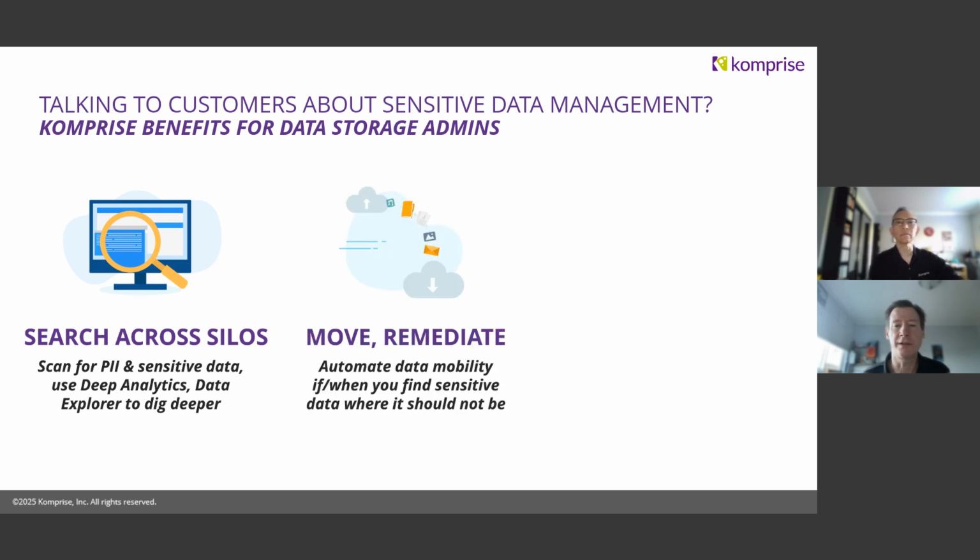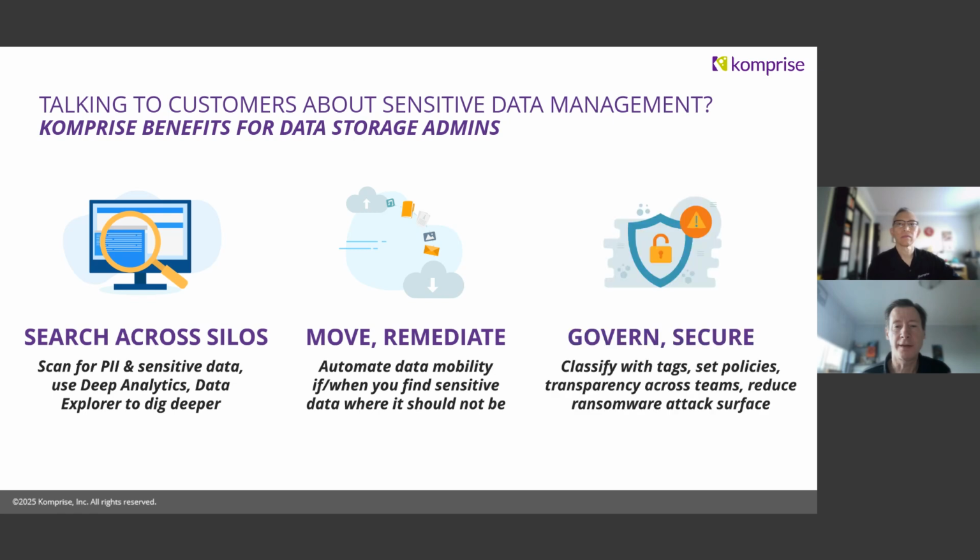Not to be able to just identify, which there are many tools out there that do, but then to be able to automate mobility, if and when you find sensitive data, and then maybe copy, confine, do something actionable with that based on the analytics. And then the other piece of feedback we hear a lot about is this ability to classify, to use tags, and then to set policies.